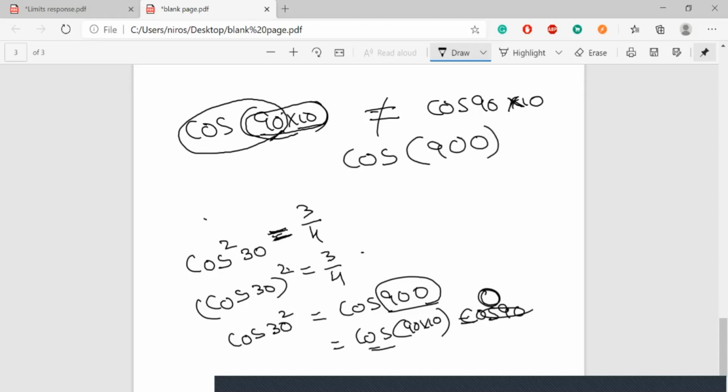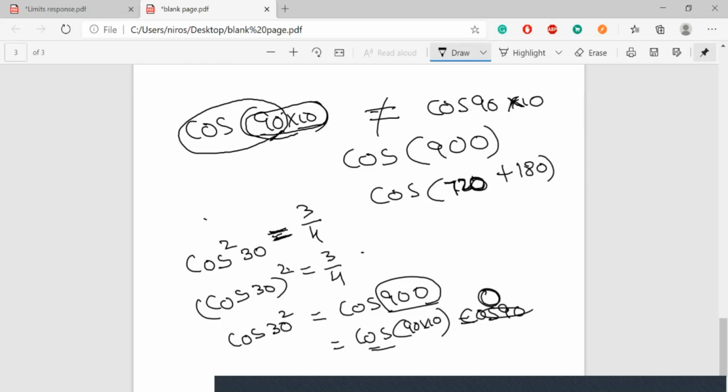For calculating this cos 900, you can take it as cos of 720 plus the remaining angle. What is 900 minus 720? 160. 180. No, wait, 180. 720, right? Yeah. So cos of 180.